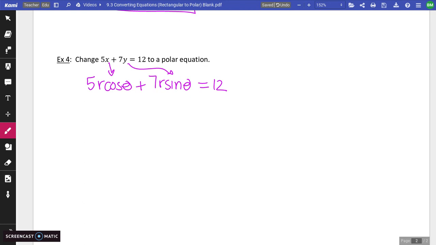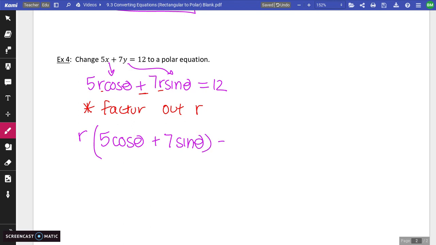So now I've gotten rid of x's and y's, but now I still need to solve for r. I notice I have 2 separate terms because of the addition. I have an r in each term. That means I can factor out r to get it alone. So I factor out r, bring it to the front, parentheses. Now I'm just left with 5 cosine theta plus 7 sine theta equals 12.